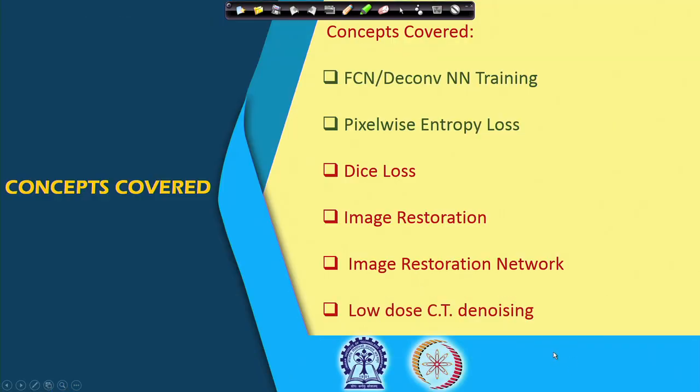So, in your previous class, we have talked about a loss function which is pixel wise entropy loss. Today, we will talk about another loss which is known as dice loss, and dice loss is applicable for training the neural network which is meant for performing semantic segmentation.